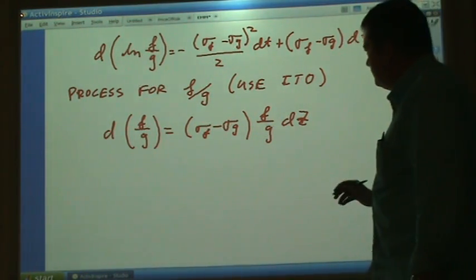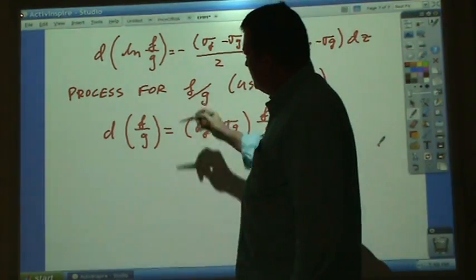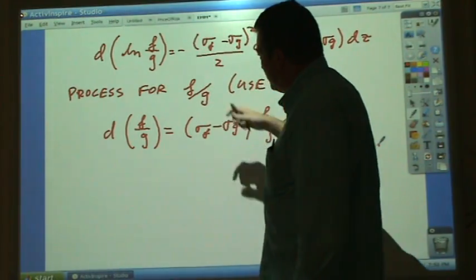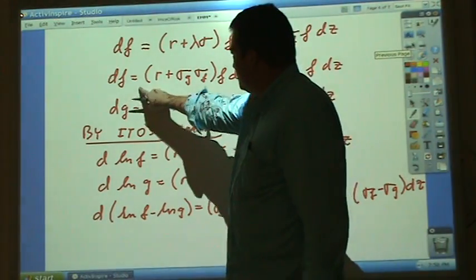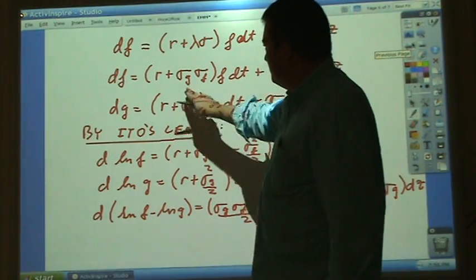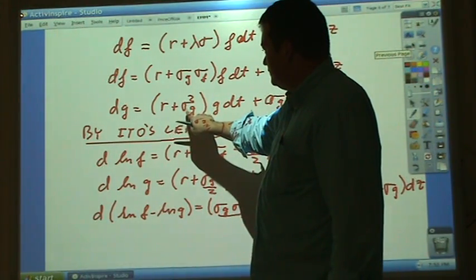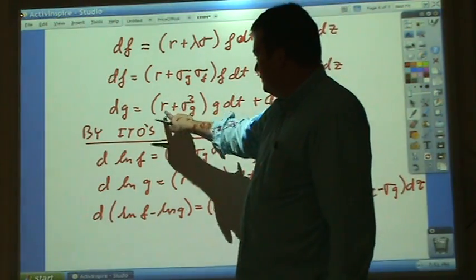Okay, so it's basically what we did was, this is like a night of formulas, really. But basically what we did was we defined a variable, f divided by g, and then we wanted to use Ito's process, and using the formula for f, which is really combined with g, and the formula for g, which is just made up of g sigma and r.